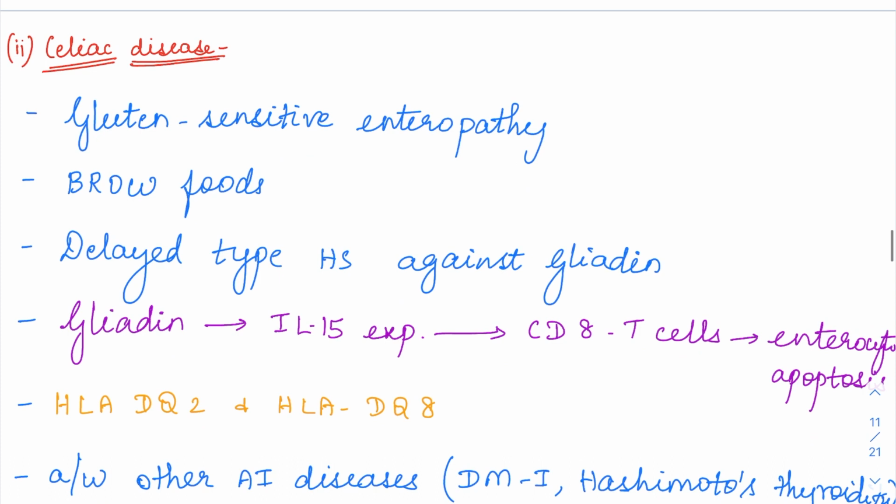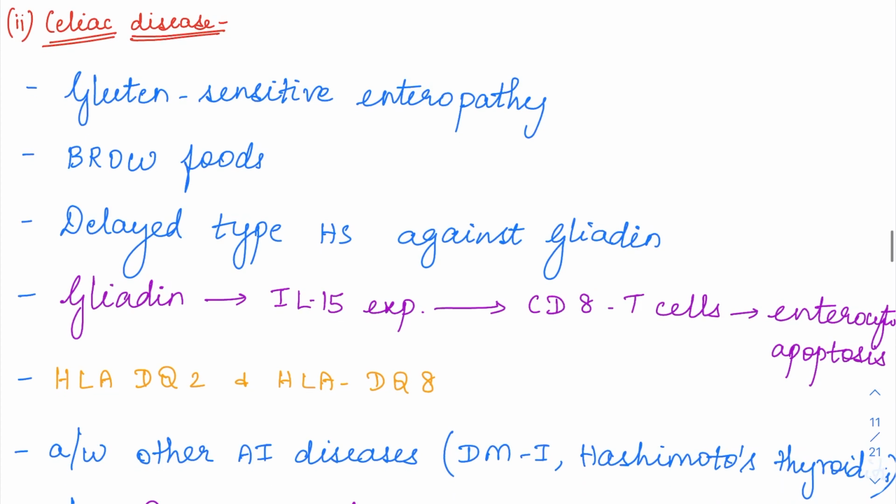The second disease of malabsorption will be celiac disease. Celiac disease is also called gluten sensitive enteropathy, because these patients are quite sensitive to gluten. Gluten is a substance present in some foods, which in short form are called BROW foods. BROW stands for barley, rye, oats, and wheat.